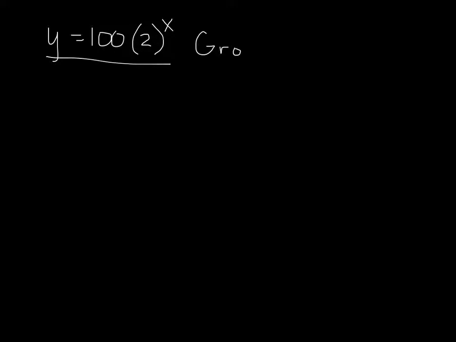Other common forms of growth functions would be functions that double. For instance, say you have an initial population of 100 and that population doubles every hour. This would be a representation of a doubling function, which would be growth. b is greater than 1.